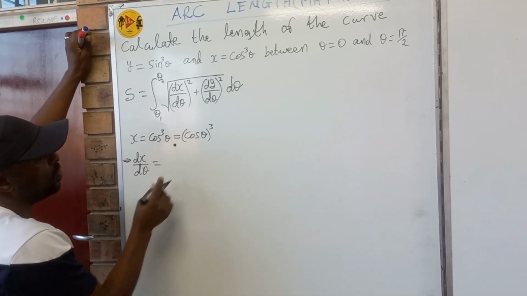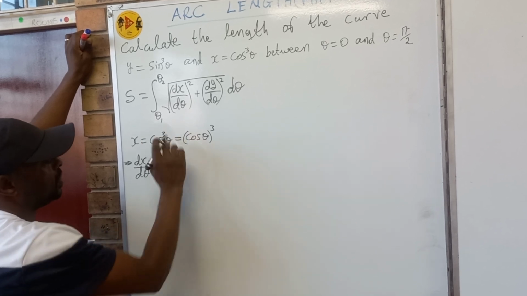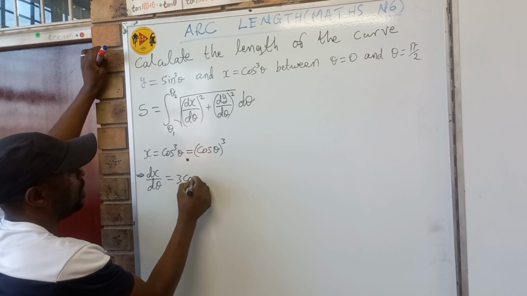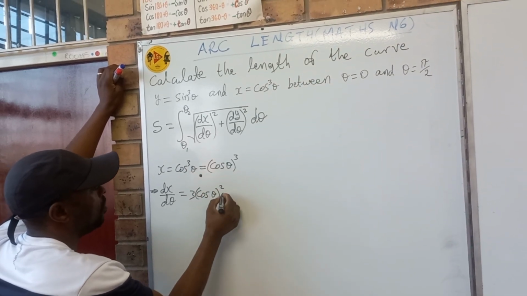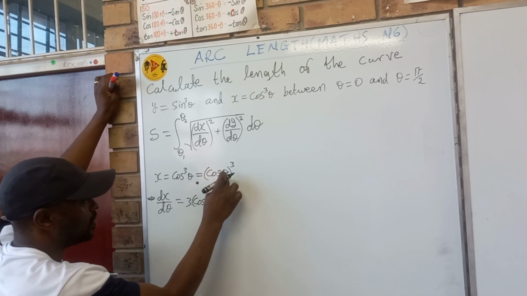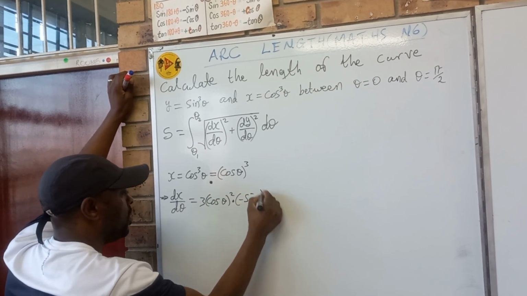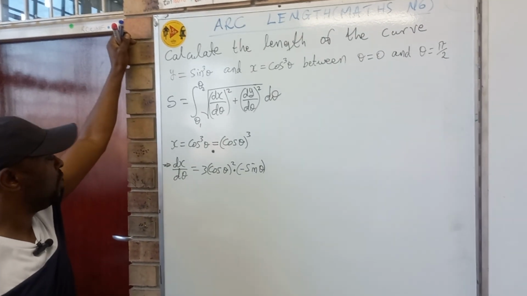If I'm doing the chain rule, I differentiate the outside and the inside. Starting with the outside, I multiply by 3, then I have cos theta all squared, multiplied by, if I go to the inside and differentiate cos, negative sine theta. That's how you must do it, with the help of the chain rule.